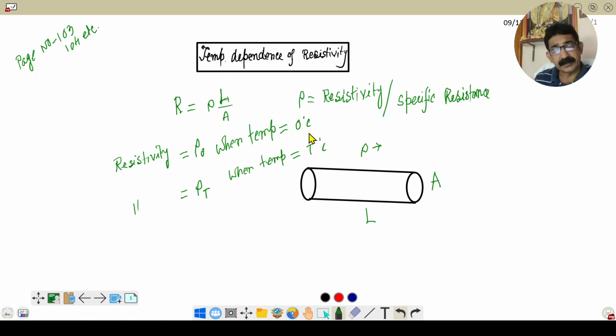It may be centigrade or Fahrenheit. Then the relation between rho T and rho naught is like this.